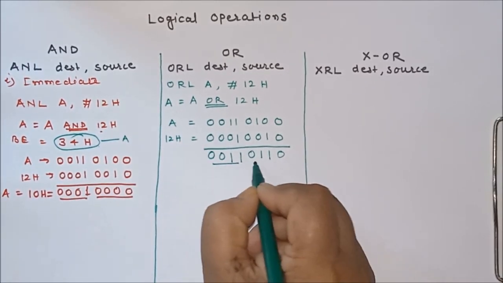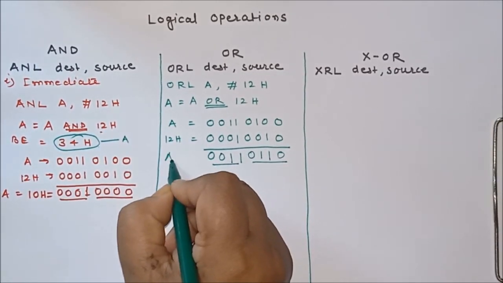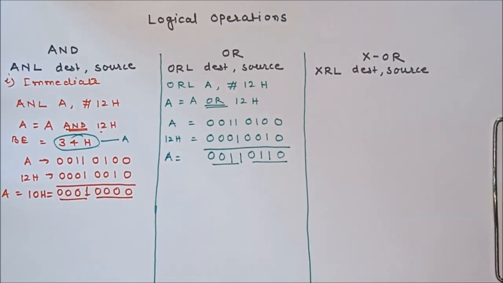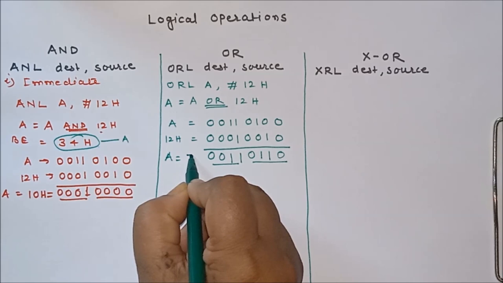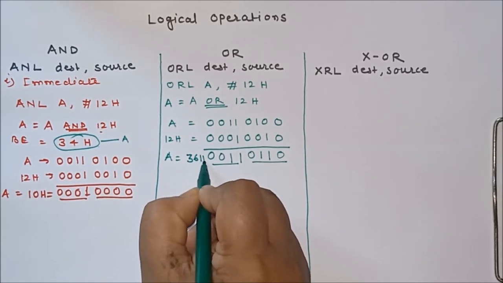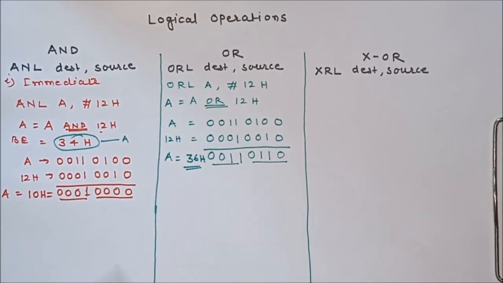This result of the OR operation will be stored in the accumulator, so we get 36H.